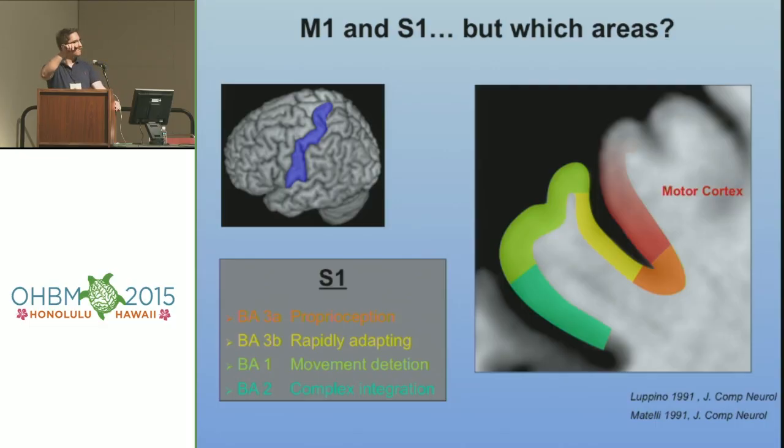Now, importantly, this is based on invasive recordings in non-human primates where people really put electrodes into these areas and did a lot of different stimulations and looked at where neurons respond to what type of stimulation.